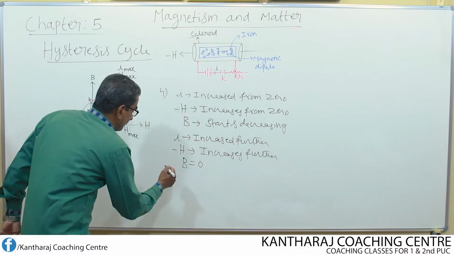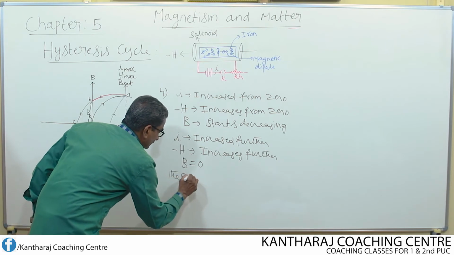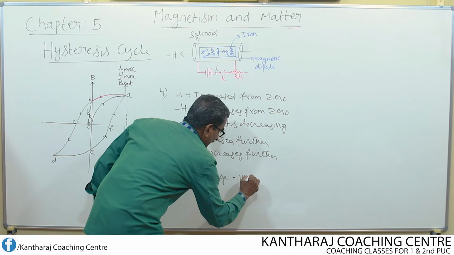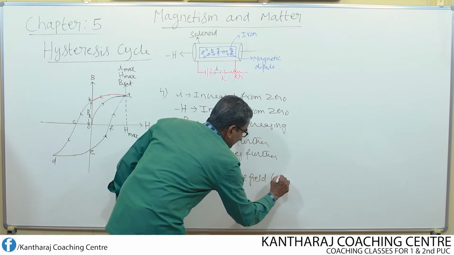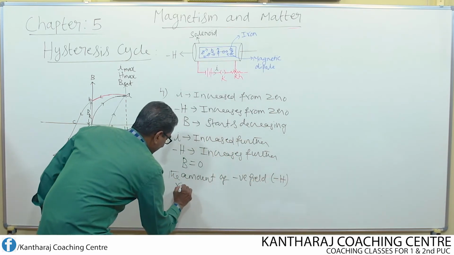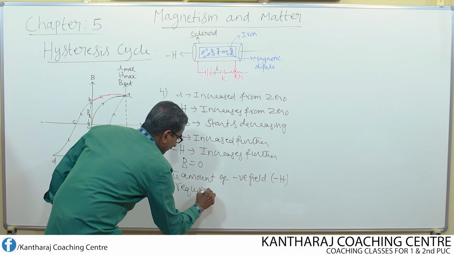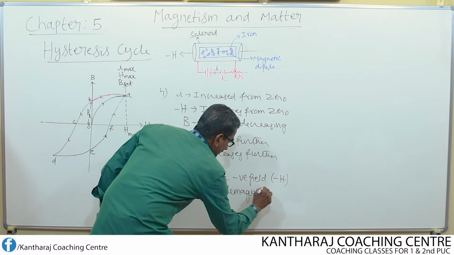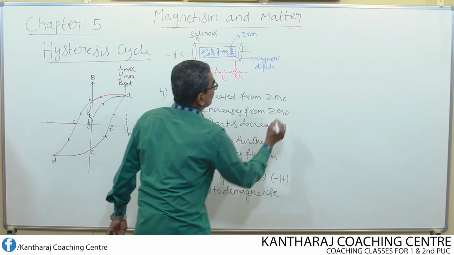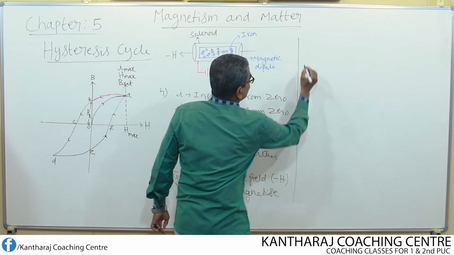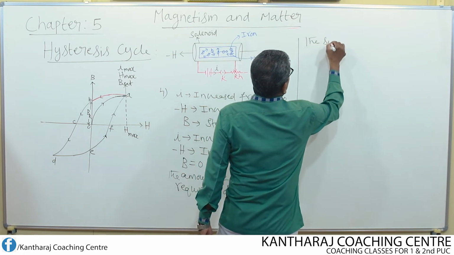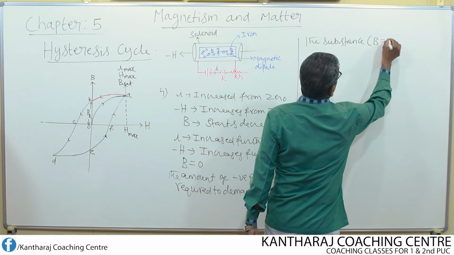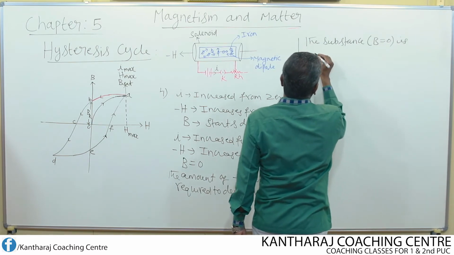Okay. So the amount of negative field, meaning minus H, required to demagnetize the substance is called the coercive field. Demagnetizing the substance means to make B equal to 0.